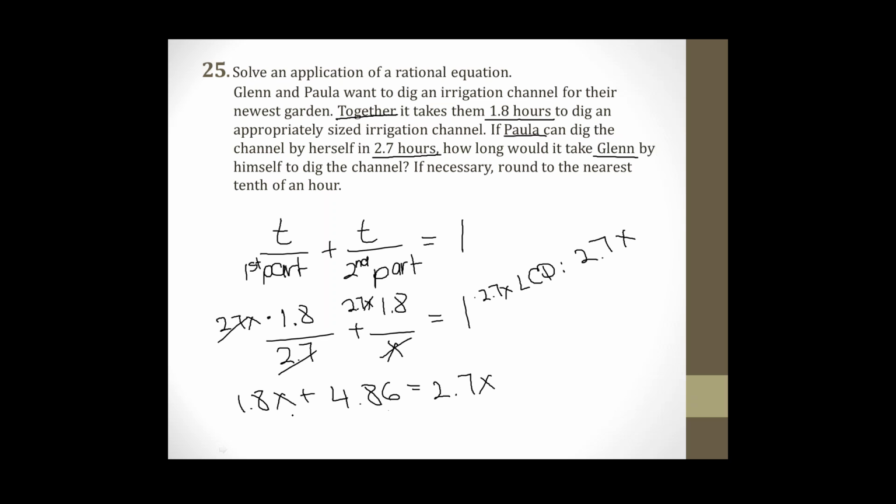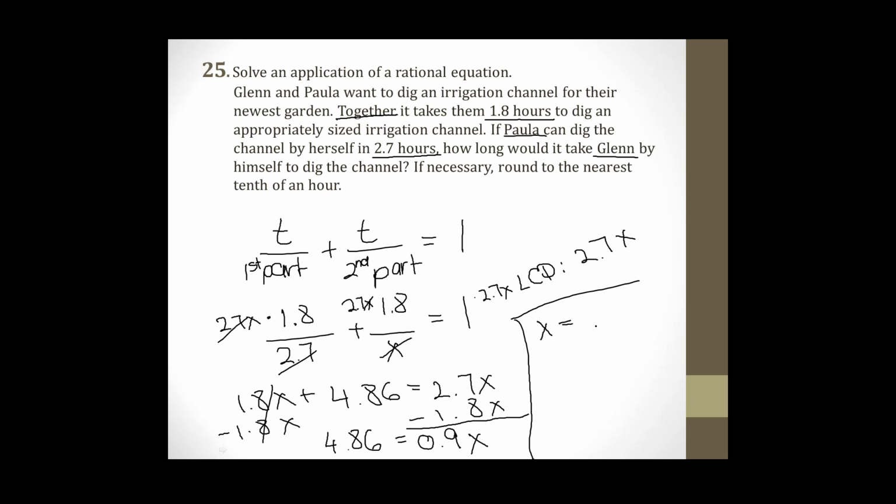We are solving for x, so let me subtract 1.8x from both sides. What is that? 4.86 equals 0.9x. Last step is to divide by 0.9.